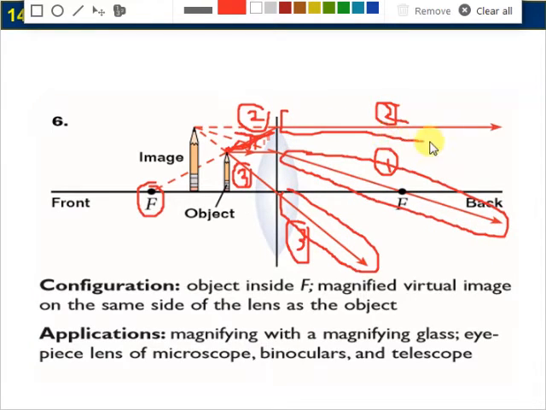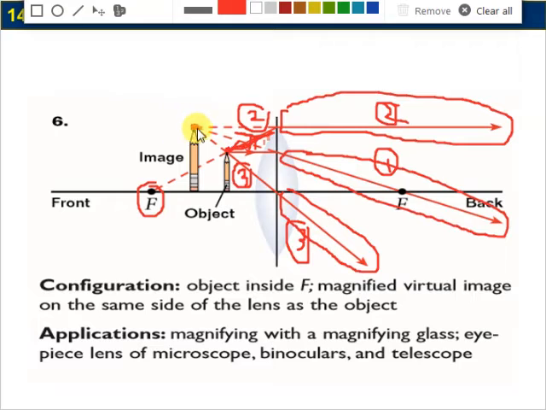These are the real refracted rays that leave the lens. But these rays will not meet anywhere here. So when we extend them backward, this dashed line represents their apparent path. When we extend them backward, they meet at a point here.